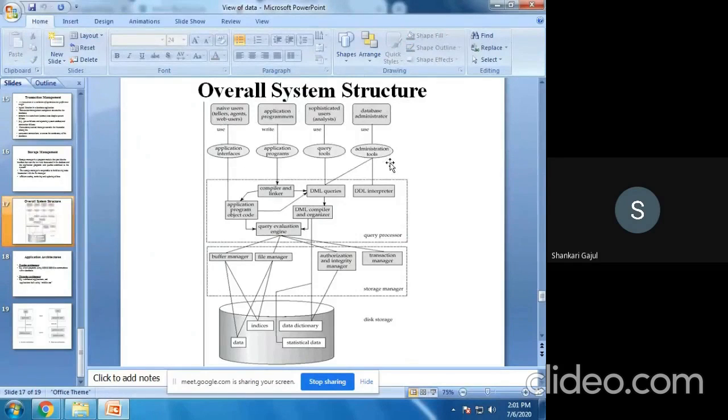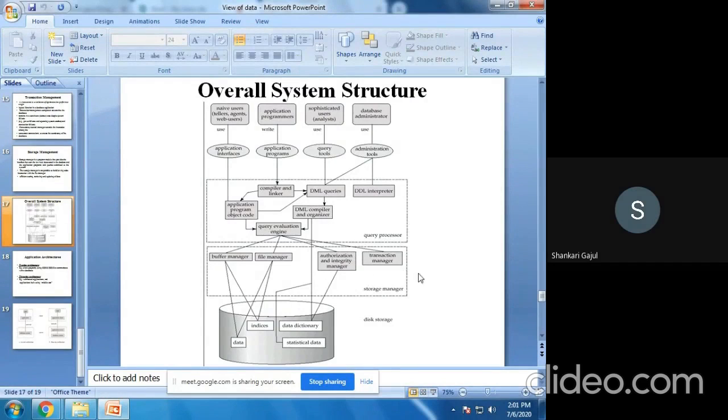So basically the DBMS structure or the database structure is divided into four parts or four modules. Starting from the top of the figure, this module is for the database users. Database users are present on the top of the structure. Below that, the next level is the query processor module.